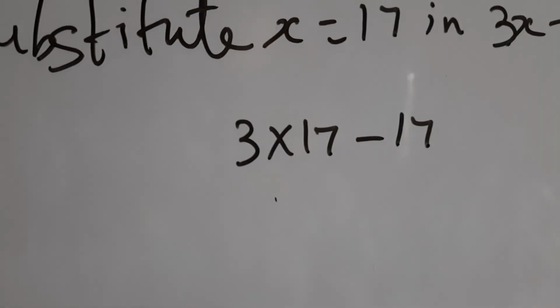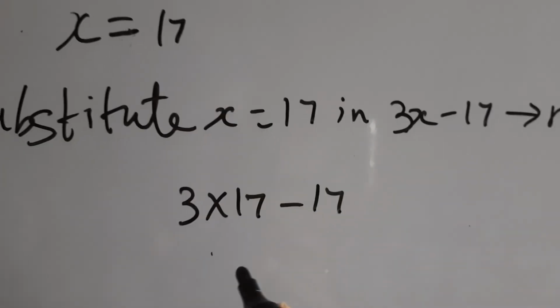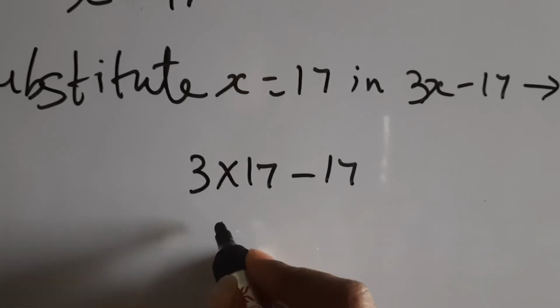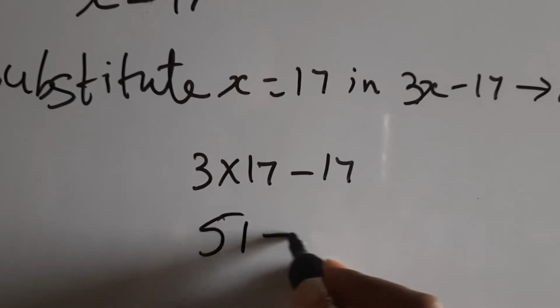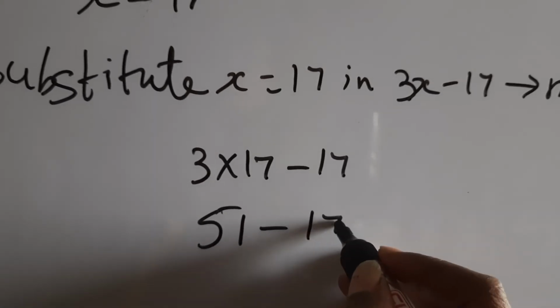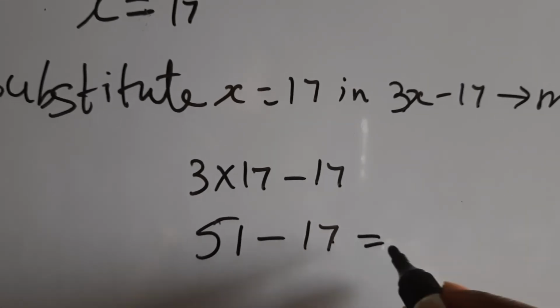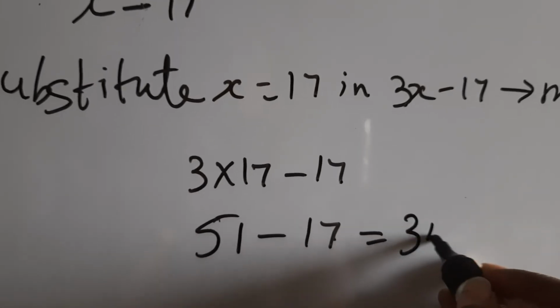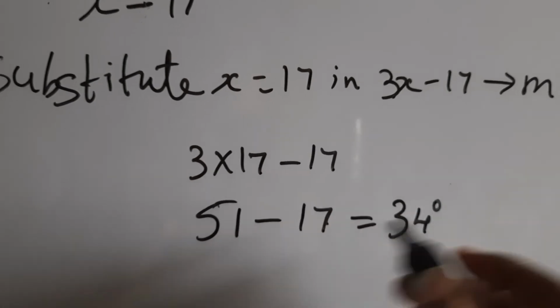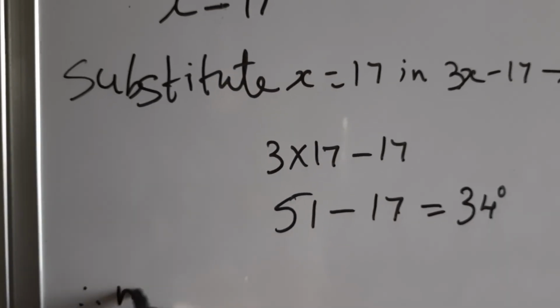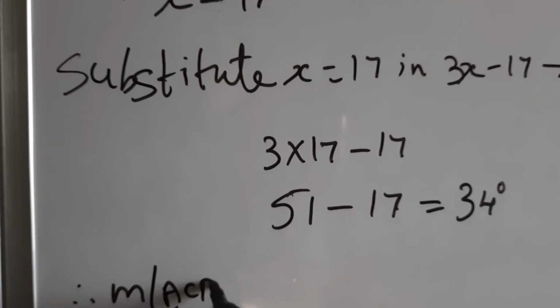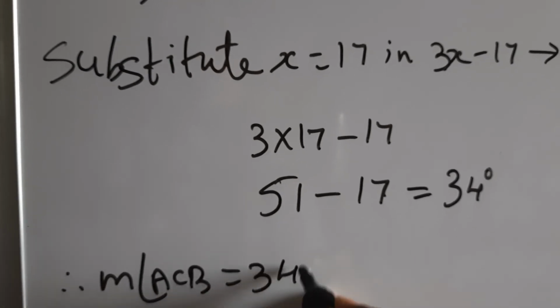Yes, that's right. So 3 into 17, 3 sevens are 21, 51. 51 minus 17 is equal to how much? 51 minus 17 will give us 34. That means 34 degree. Therefore, measure angle ACB equal to 34 degree.